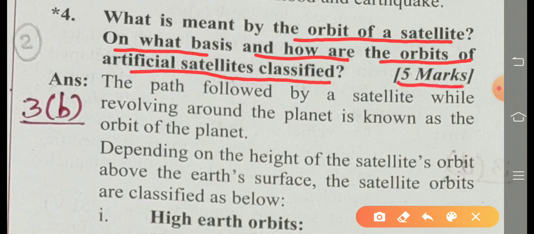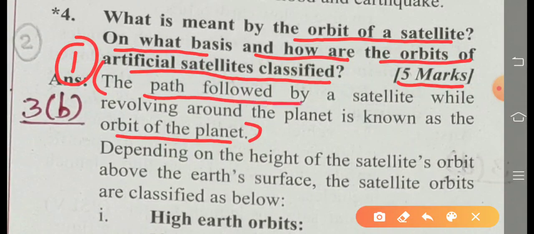So first of all, we are writing the meaning. What is meant by orbit of a satellite? If you write the answer of this meaning, you are getting 1 mark. What is the answer?